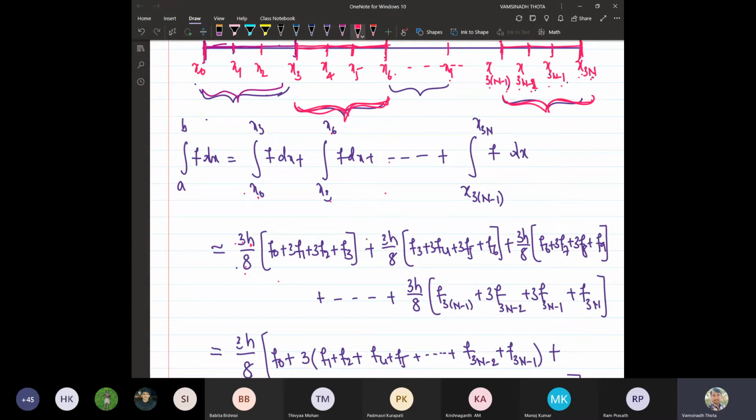That is f0 plus 3 times f1, 3 times f2 plus f3. Similarly for the next integration we get this, for the third integration we get this one, and finally for the last integration this is what we get.